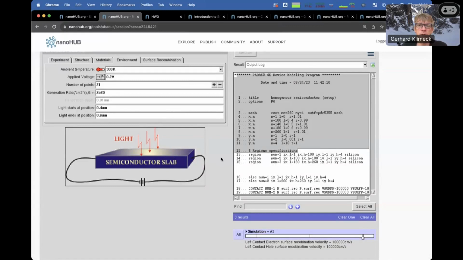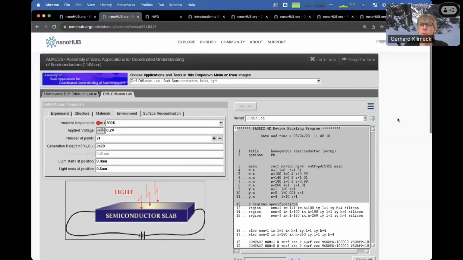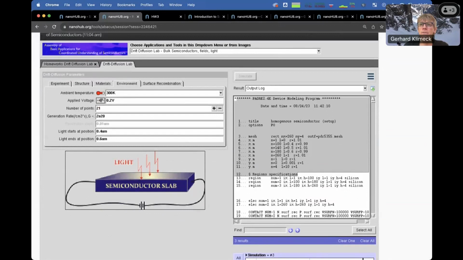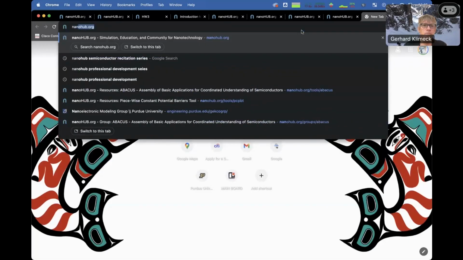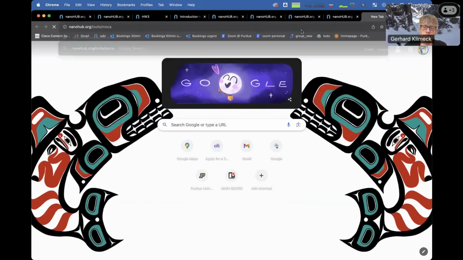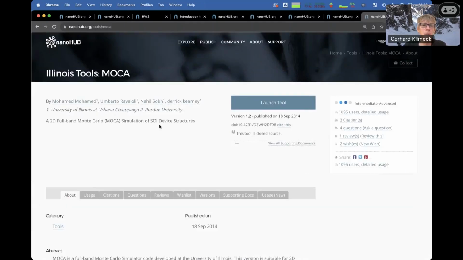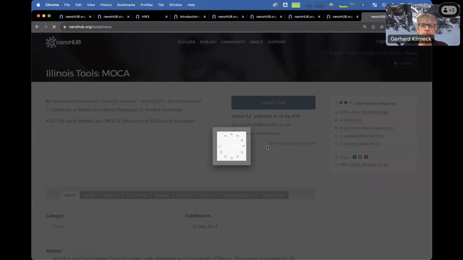How do we integrate this tool with Casino software? I'm not even sure what Casino is. Is that a learning management system? Yeah, if the person who asked that wants to add to that, they said it runs Monte Carlo simulation on the device. Well, that's a whole other can of worms. We have a full-fledged 2D full-band Monte Carlo simulator called MoCA.